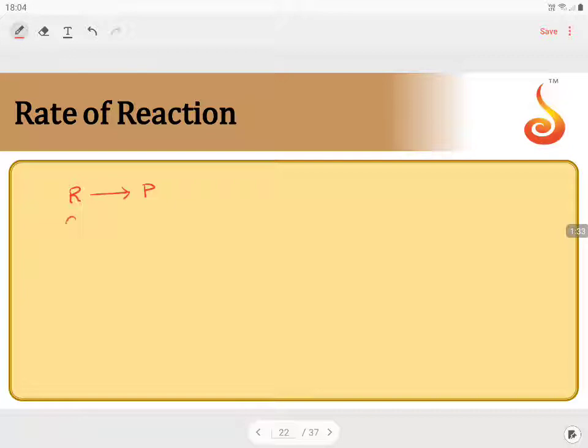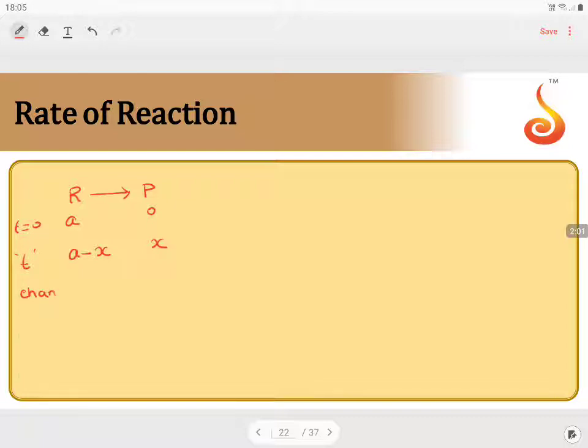Every time, if I start with A moles of reactant and product is 0 at time t equals 0, after some time t the reactant becomes A minus x. Some x moles decompose from the reactant side and that is reflected on the product side. Now, what is the change in the number of moles?